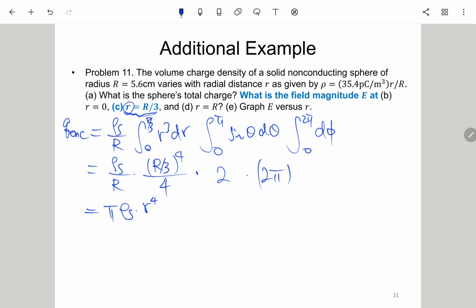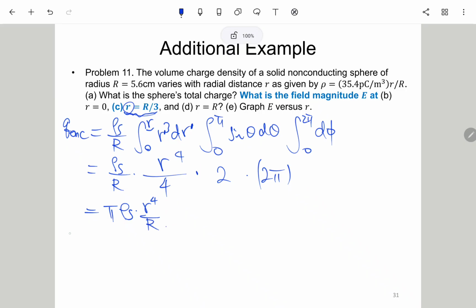We don't make it R over 3 at the first step. We make it R here, and to make the dummy variable different, we make it R prime, to differentiate from this R. So it turns out to be something like this. R to the 4th power won't cancel with this capital R.